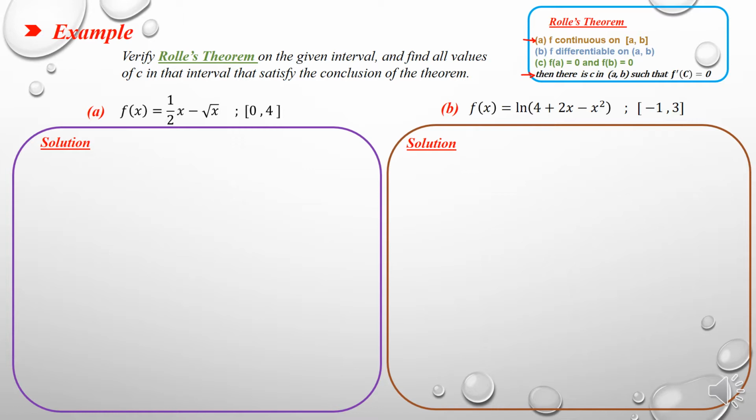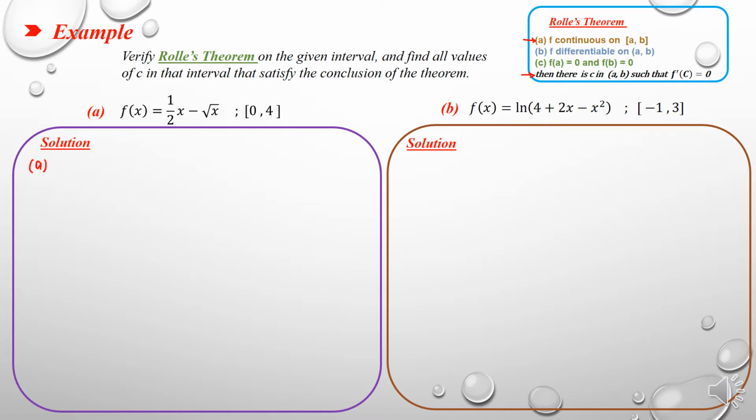So in part A we have f(x) equals 1/2 x minus square root of x, and we have the closed interval 0 to 4. Firstly, you have to verify the conditions of Rolle's theorem, and the first condition is f must be continuous on the closed interval. So you have to find the domain of your function.